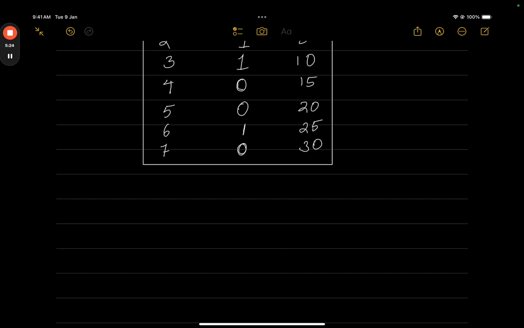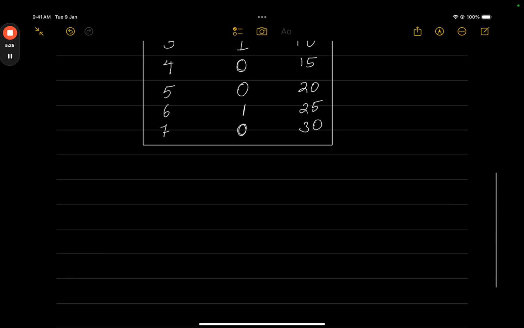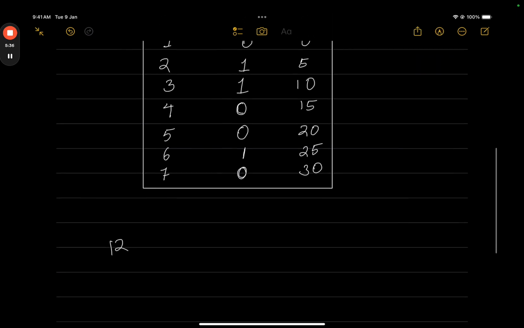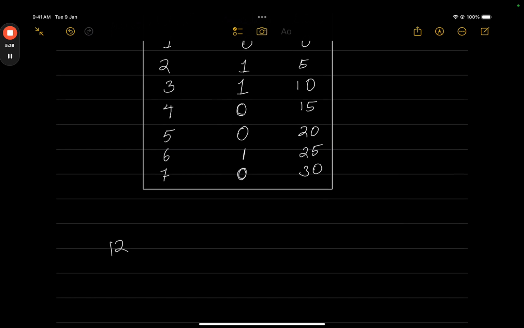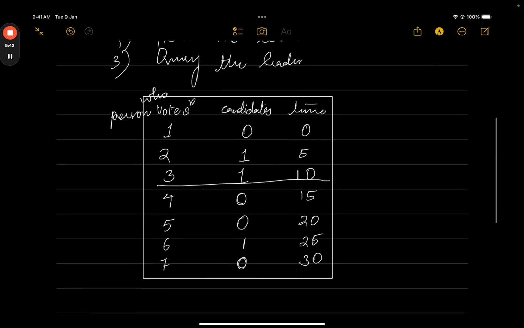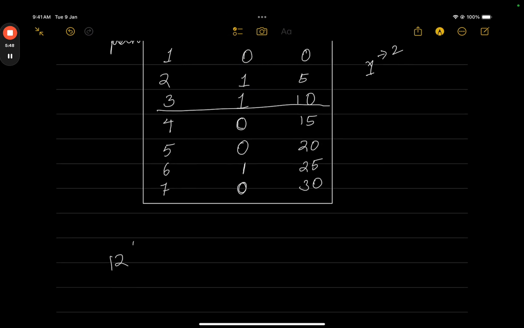If the time is 12, you can't determine who cast a vote exactly. So look at who is leading till here: 1 is leading with 2 votes. So 1 is leading at time 12.